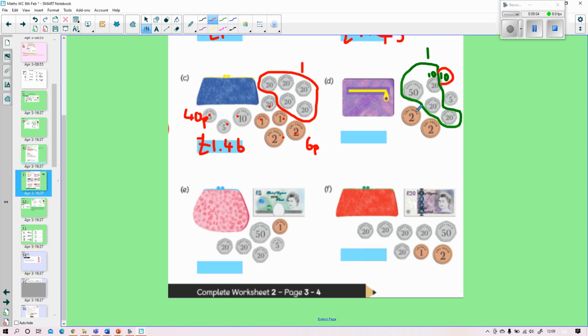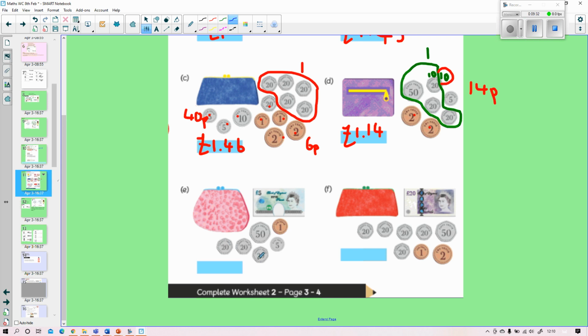So I've got 10, 11, 12, 13, 14 pence. And that way I counted across over the 100 to give me a little bit more, to give me 10 more, exactly. £1 and 14 pence.